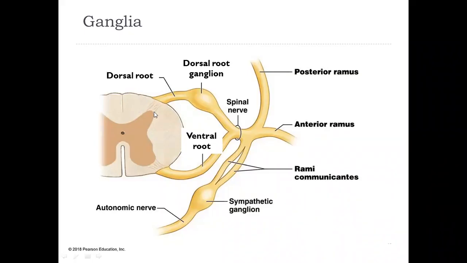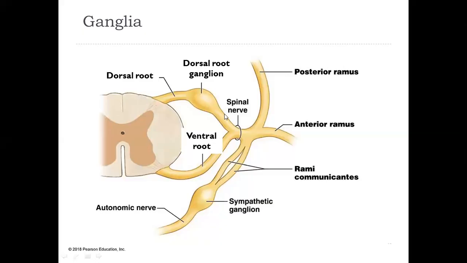Within the spinal cord, there is the posterior horn of the spinal cord. The gray matter of spinal cord has a posterior horn. From that arises the dorsal root of spinal nerve. From the anterior horn arises the ventral root.